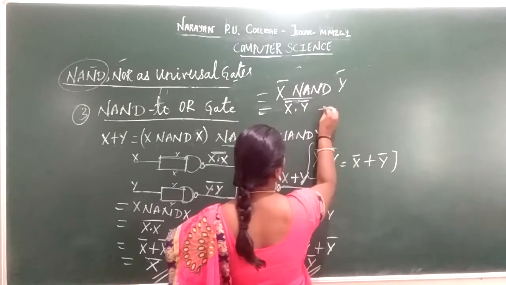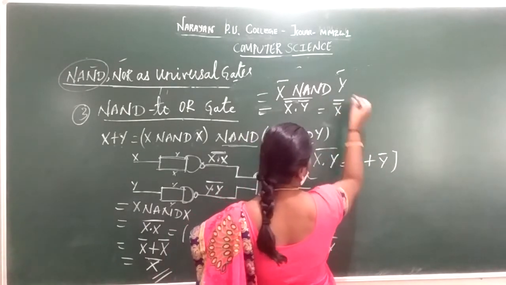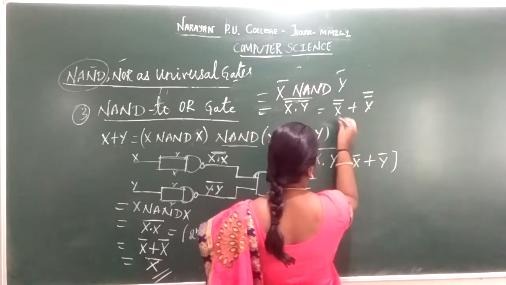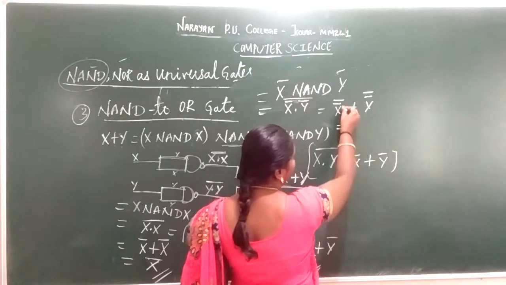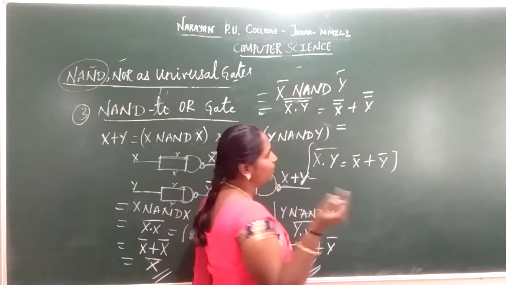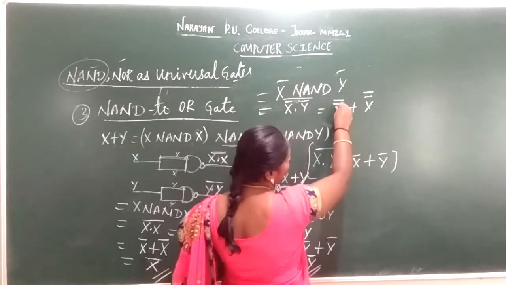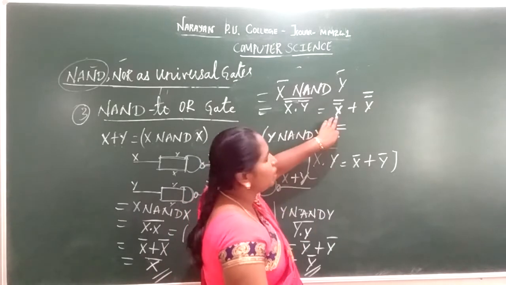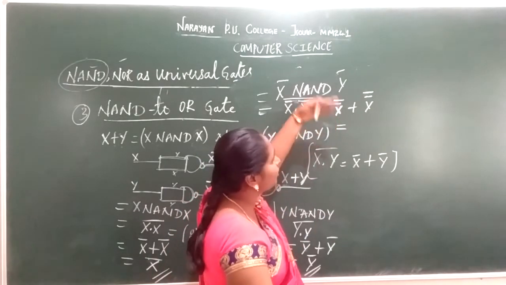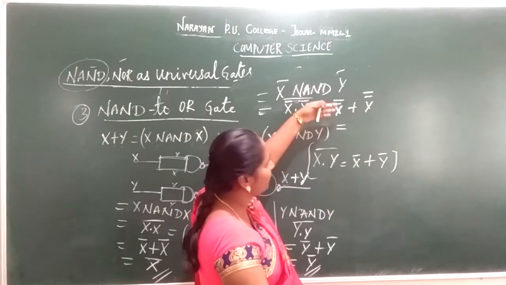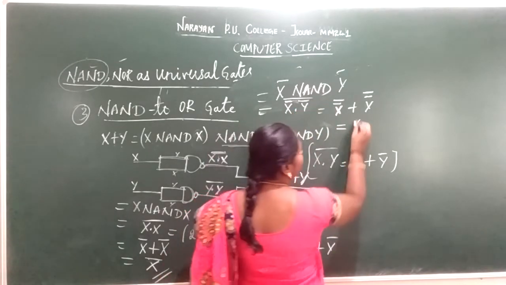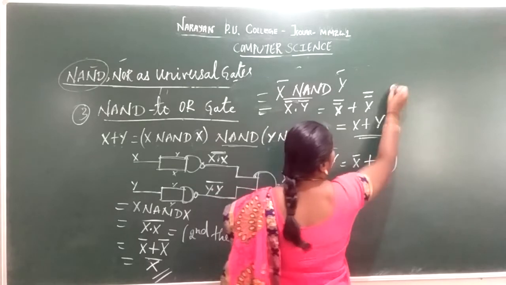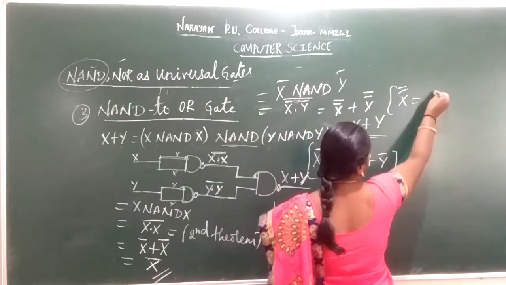So implementing here, x double bar plus y double bar. According to involution, double inversion gives the same variable. You complement twice, you get the same input. So using the double inversion rule, you get the same variable, x plus y. So this is according to the inversion rule.